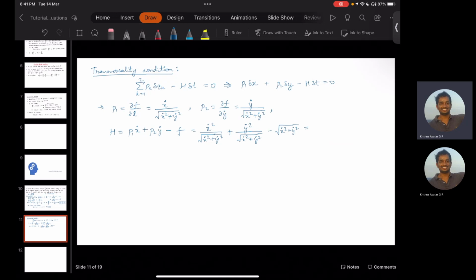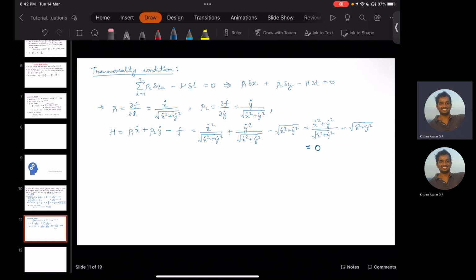From the first two terms, the denominators are common, so we can just add the numerators. This gives us x dot squared plus y dot squared divided by root over x dot squared plus y dot squared, minus root over x dot squared plus y dot squared. This term essentially gives us root over x dot squared plus y dot squared, so essentially h is 0.